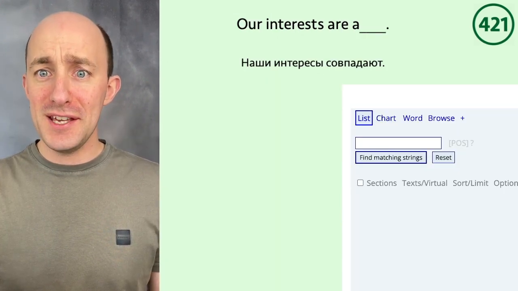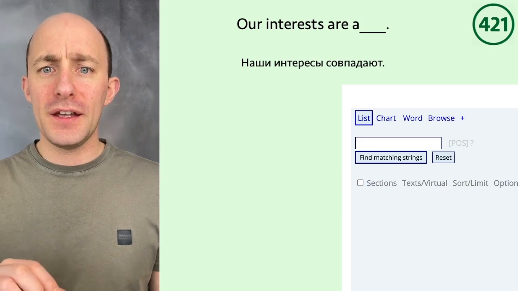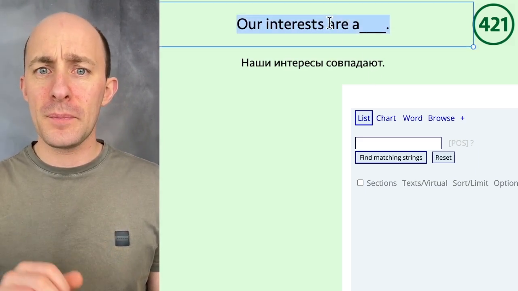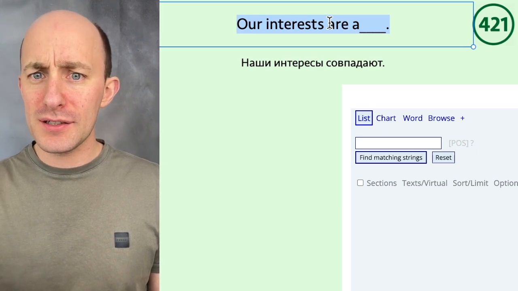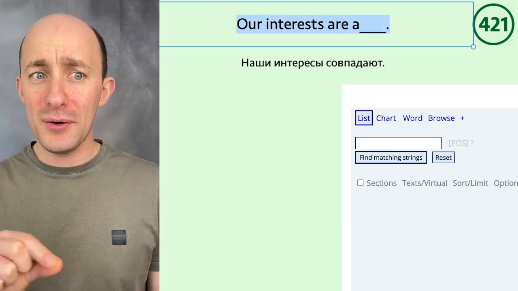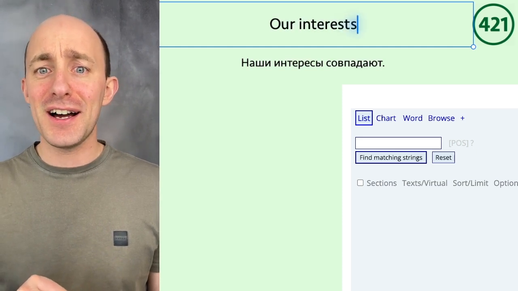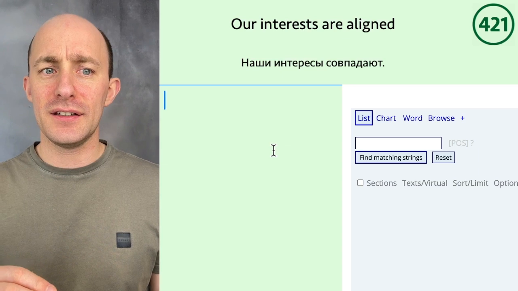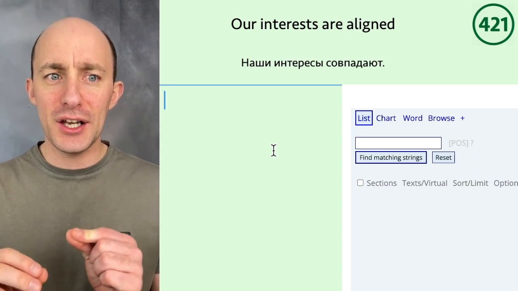Part 3, number 421. Our interests are aligned. Oops, try again. Our interests are aligned. In this word aligned, try to get a lot of y.